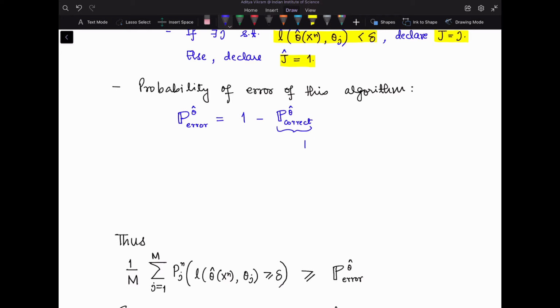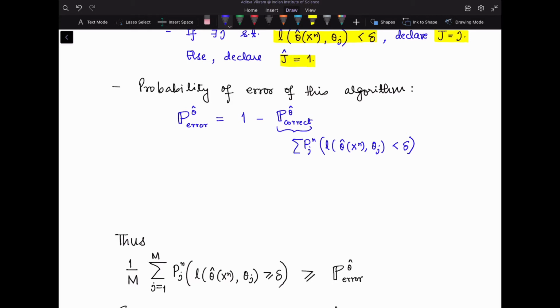If j is actually small j, you are guaranteed to be correct if theta hat of xn is delta close to theta j. If this event happens, you're guaranteed to be correct.